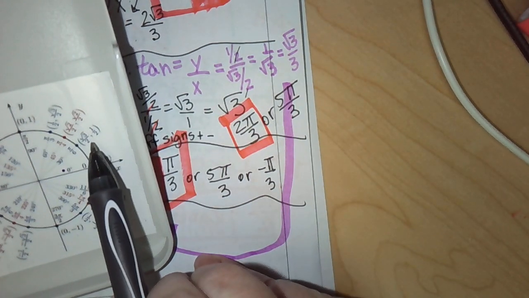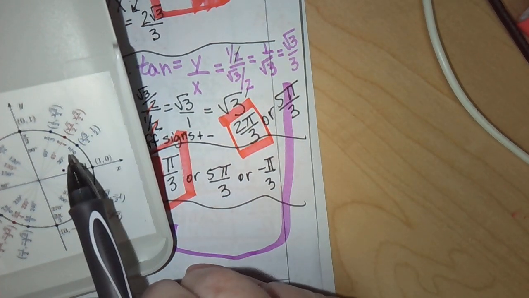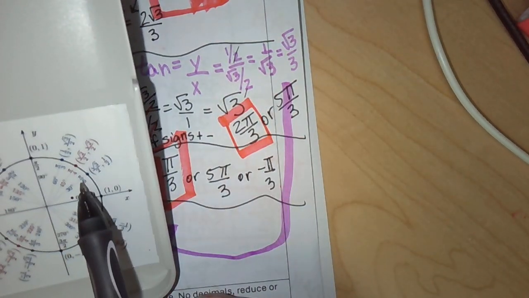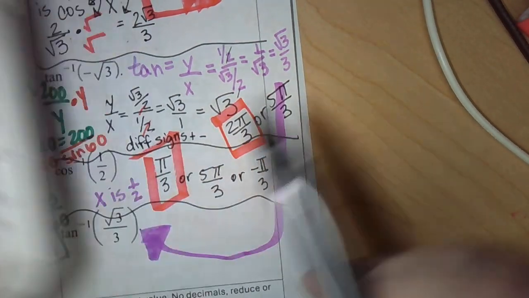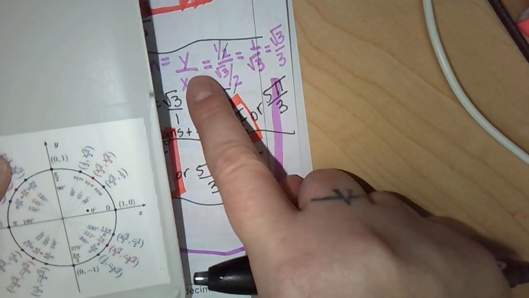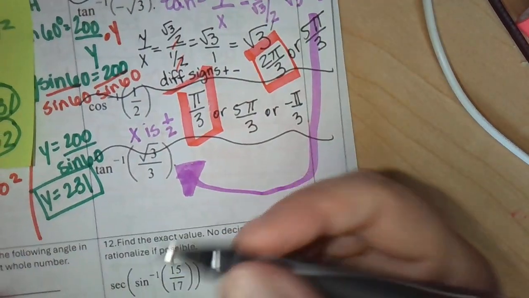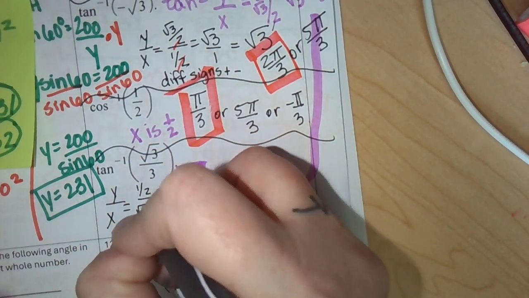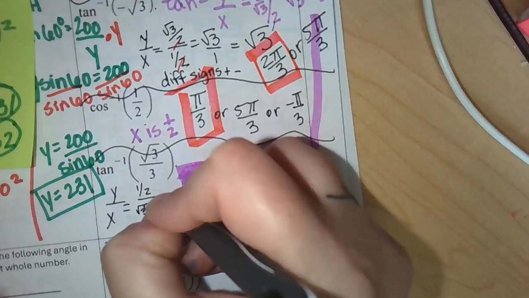Here, right here. Okay, so that's pi over 6, when the y value is 1/2, and the x value is square root of 3 over 2. So we need that y over x.